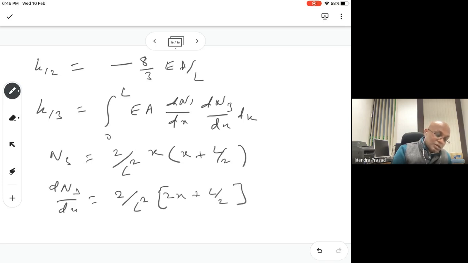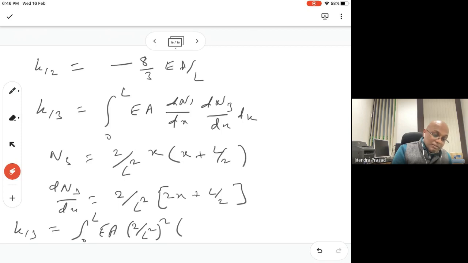So K13 is the integral from 0 to L of EA times 2 over L square, squared, times 2x minus L over 2 multiplied by 2x plus L over 2 dx.